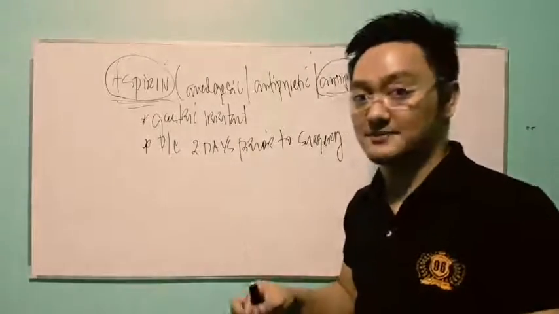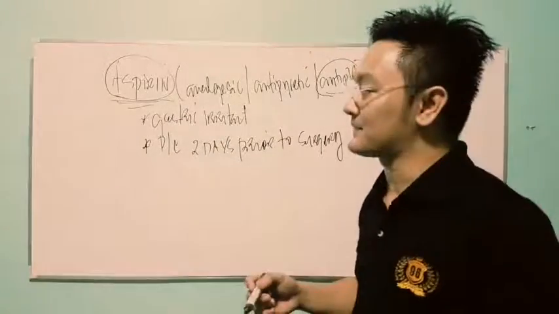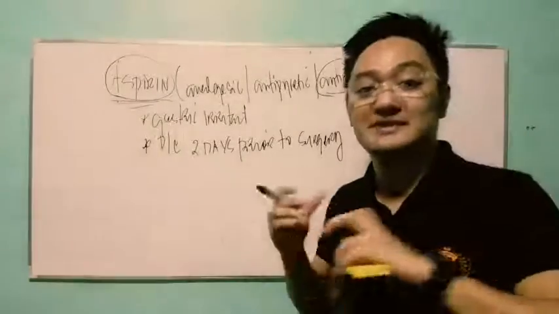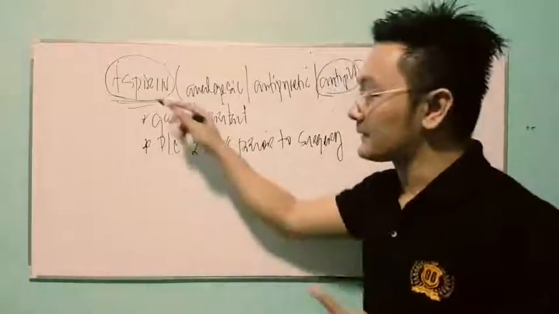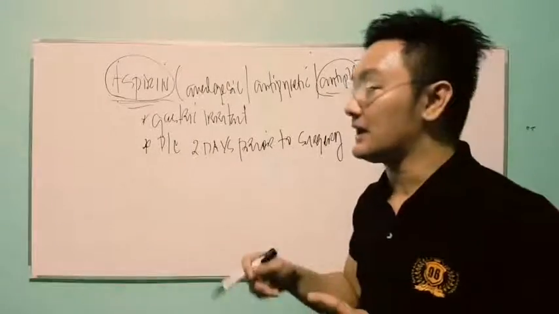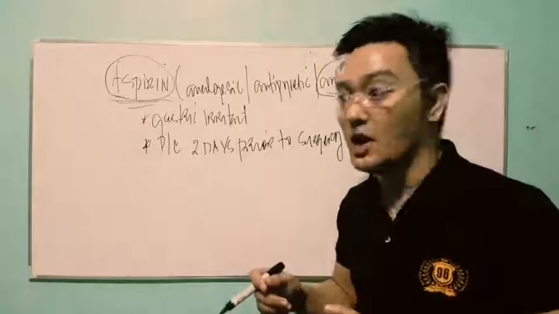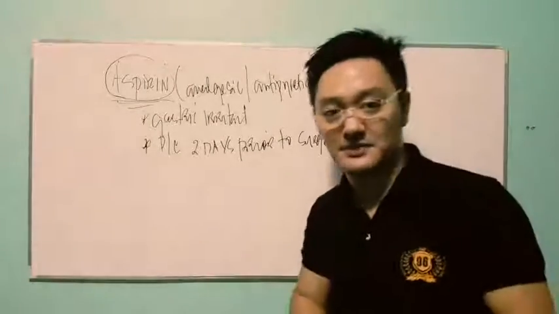So what do you think is the antidote for aspirin overdosage or aspirin toxicity? Well, there is no specific agent that can be given to your patient, but a patient with overdosage of aspirin or aspirin toxicity may be given activated charcoal or sodium bicarbonate. Okay? So that is what we call your aspirin.